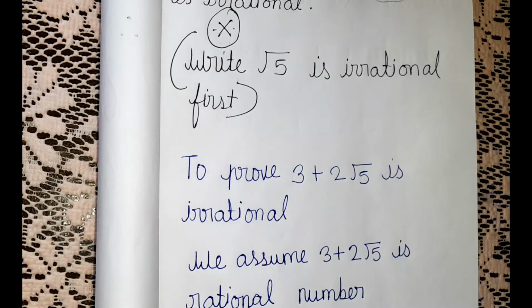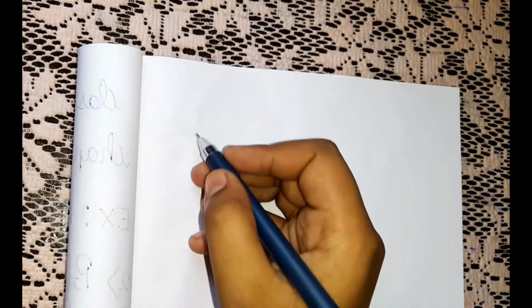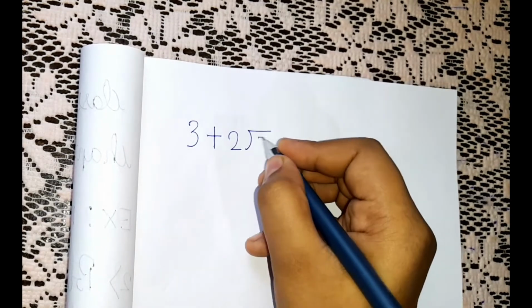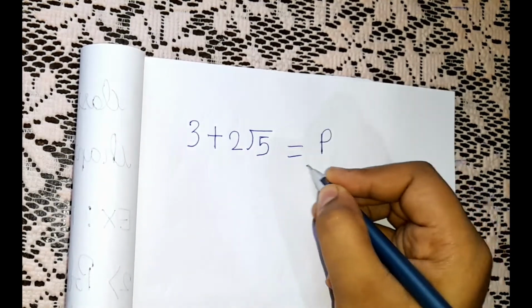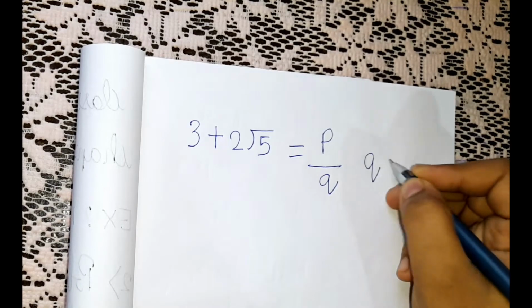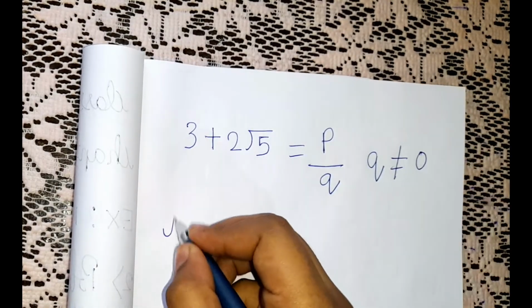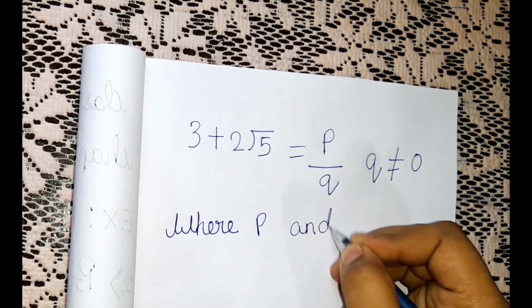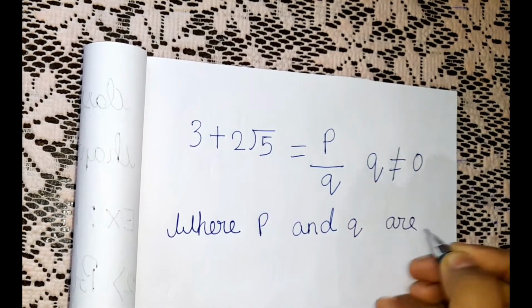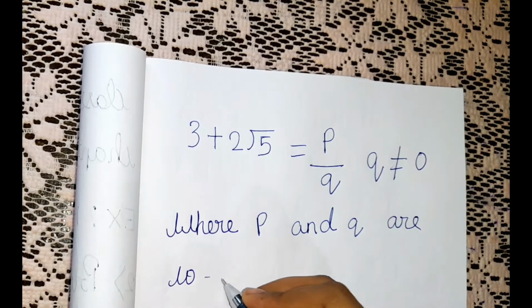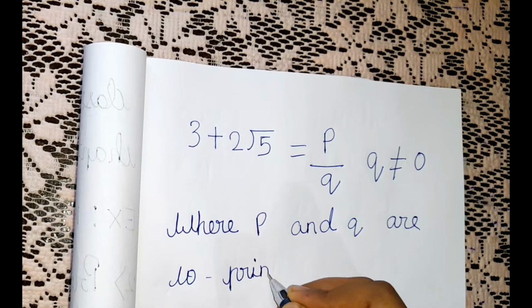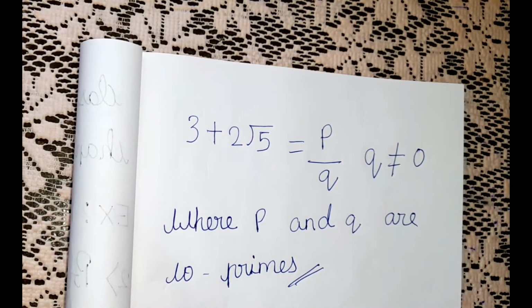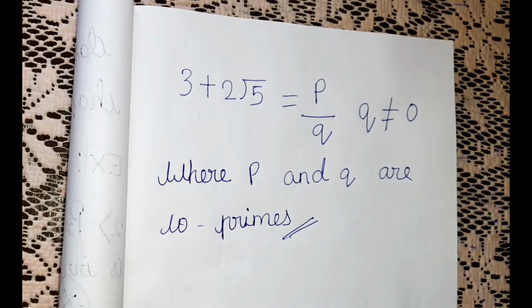So 3 plus 2 root 5 is equal to p by q, where q is not equal to 0, where p and q are co-primes.